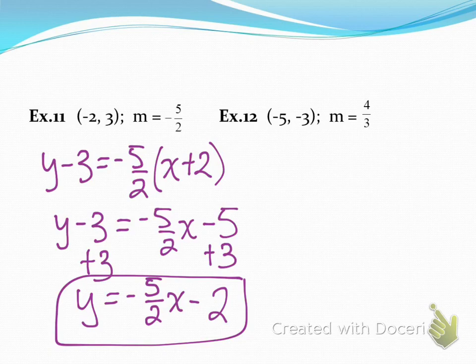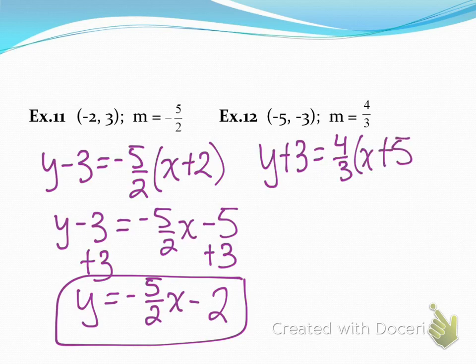Last one, I think, right? Danielle, what's our point slope form? Very good. Y plus 3 equals 4/3 x plus 5.